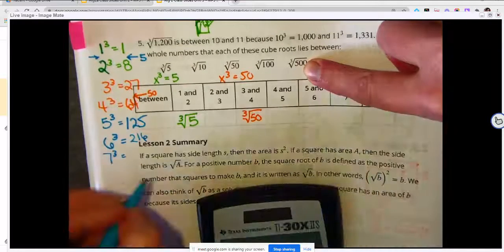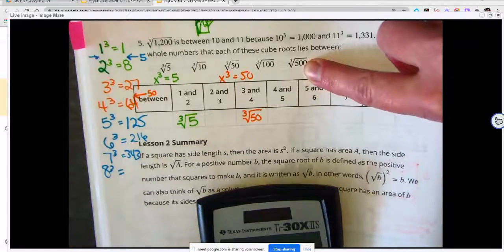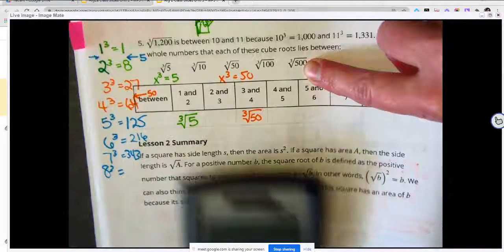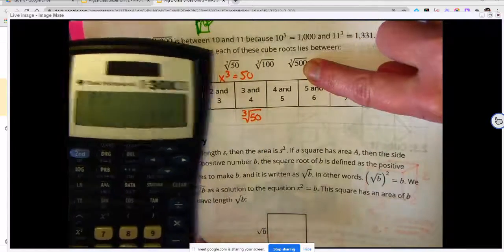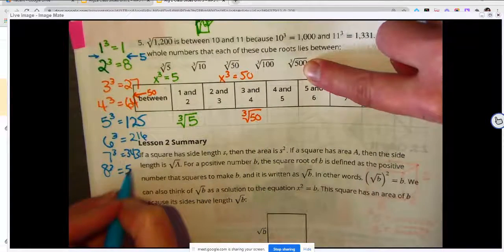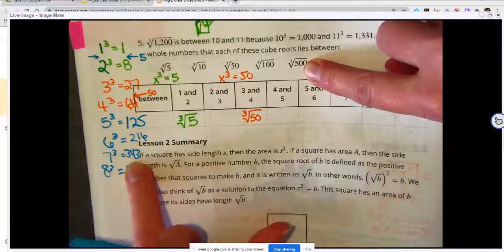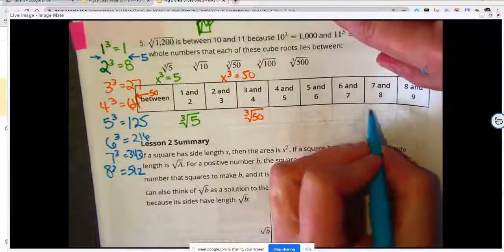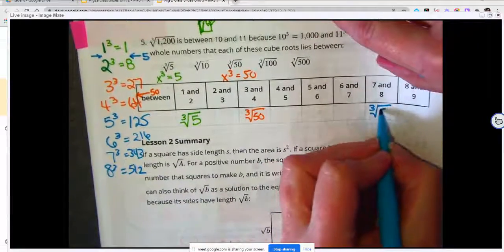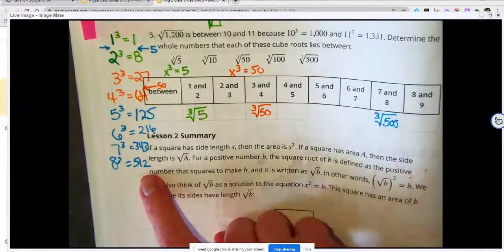Still too low. 8 to the third, 512, too high. So 500 is in between those two. 7 was too low, 8 was too high, so somewhere between 7 and 8 is the cube root of 500. 500 is very close to 512.